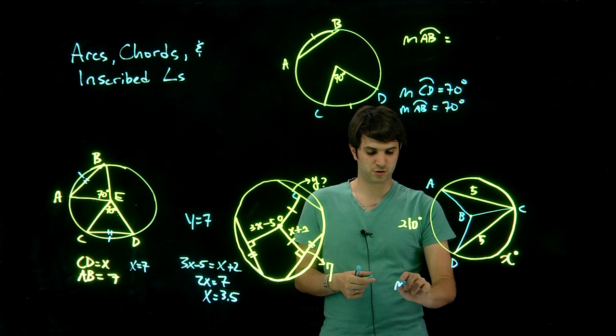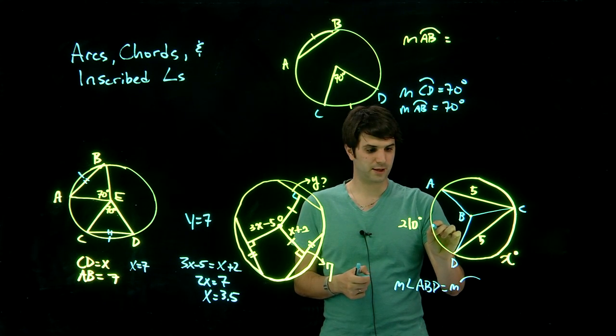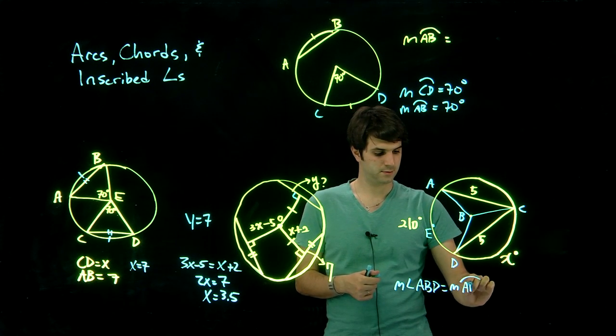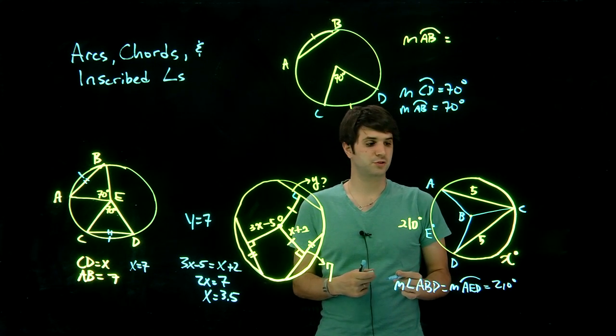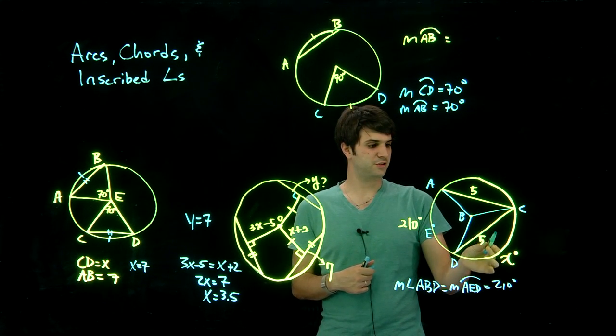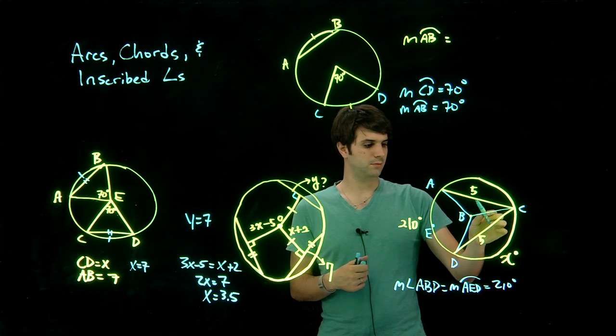So the measure of angle ABD equals the measure of the major arc AED, which equals 210 degrees.